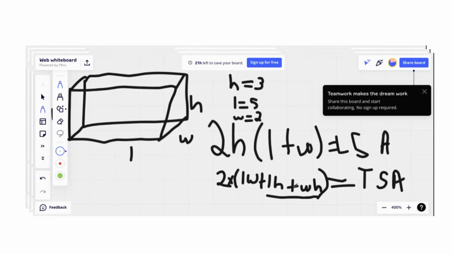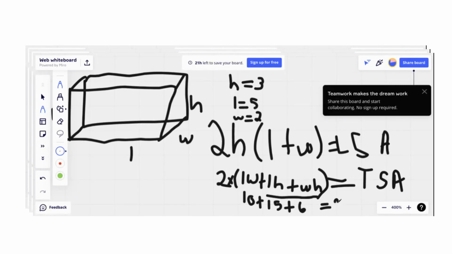According to the TSA formula, which we're going to solve first, length times width is 10, plus length times height, which is 15, plus width times height, which is 6. If you add it up, you get 31.